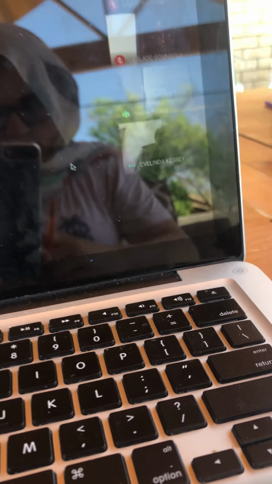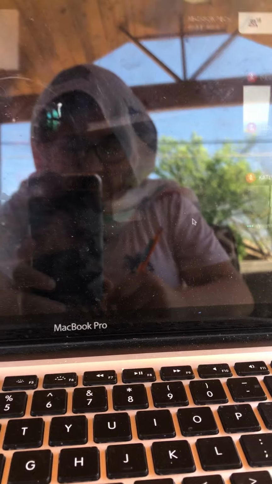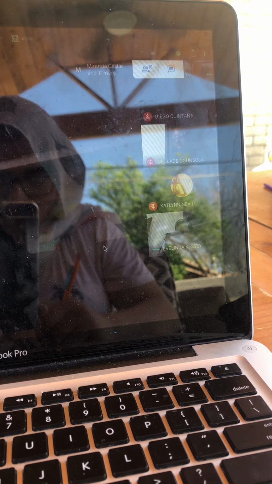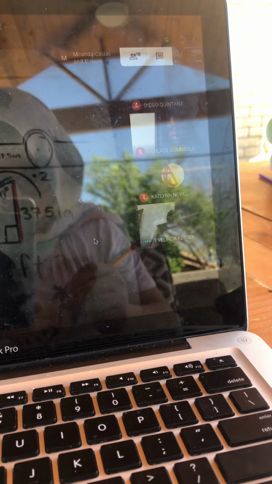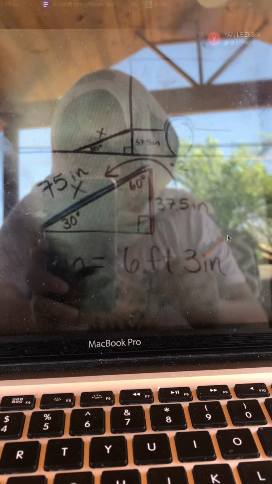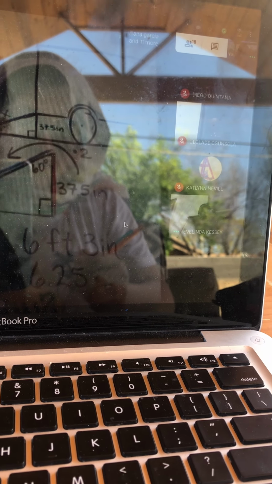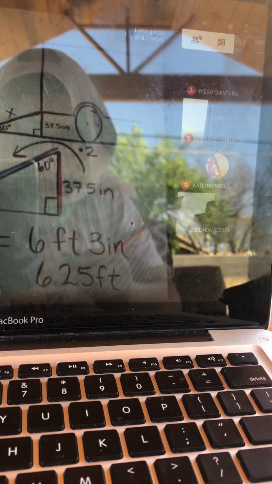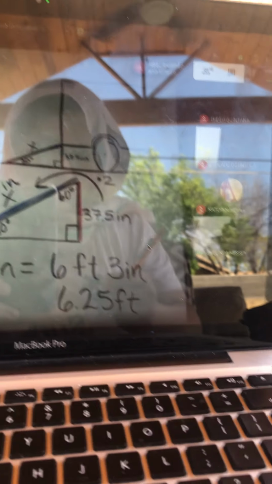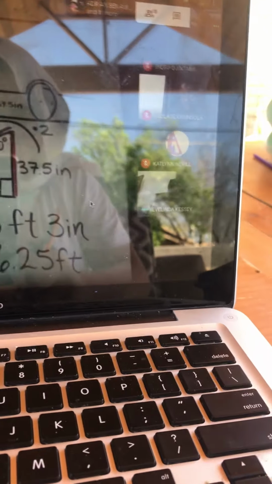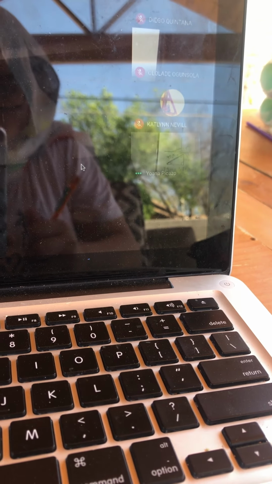How many inches in 6 feet? 72. So you could say it's 6 feet and 3 inches, or what was it? 6 point what? Is it 6.5 or 6.25?